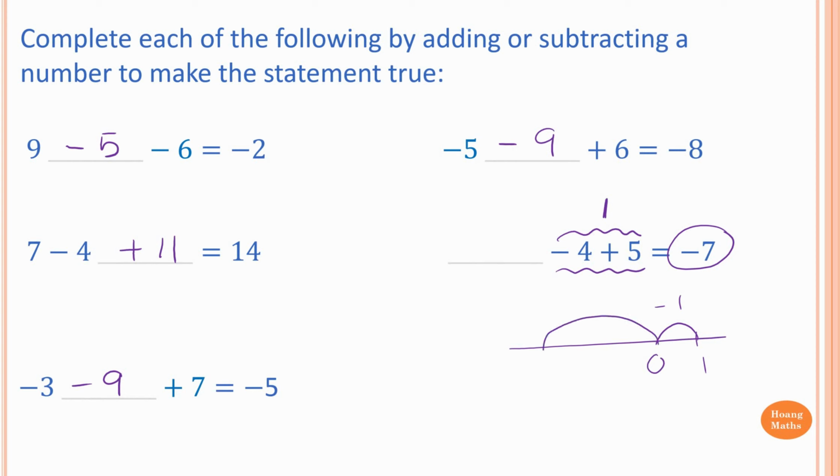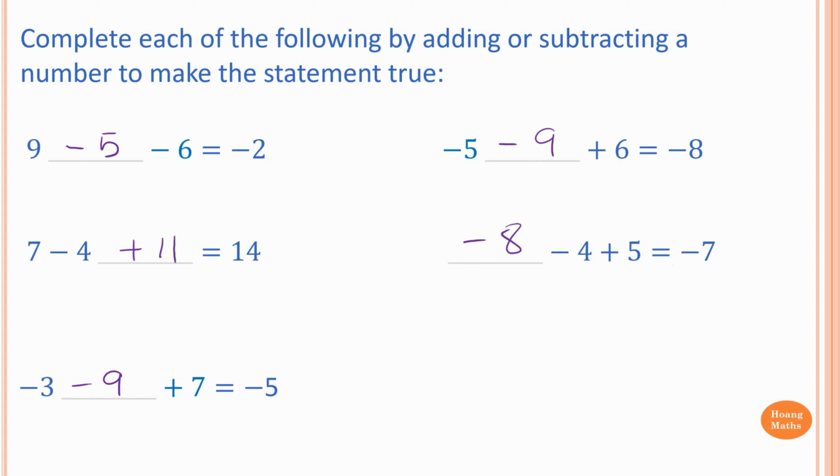So to get -7, you move another 7 more units to the left. So that means you move 8 units to the left, which is -8. So the answer is -8. -8 minus 4 plus 5 is equal to -7.